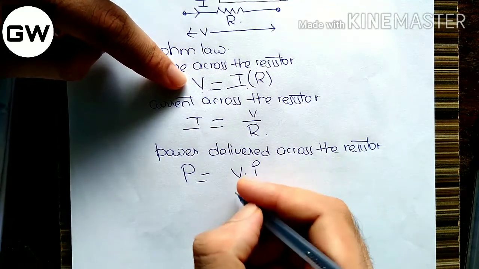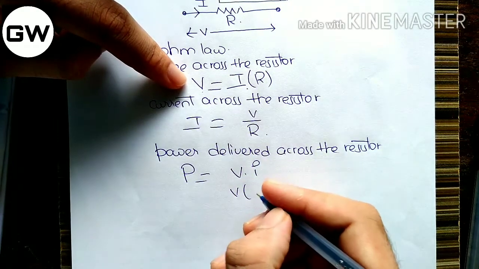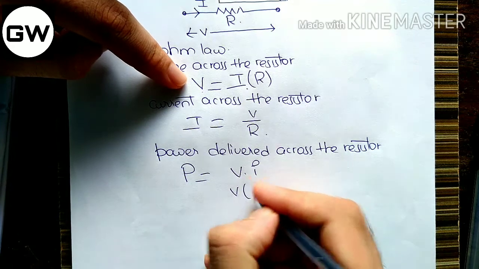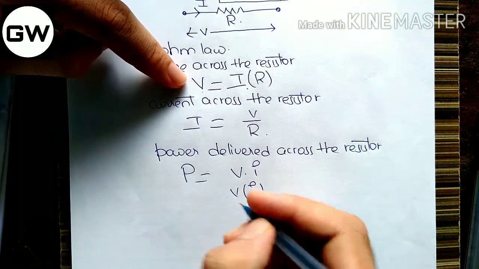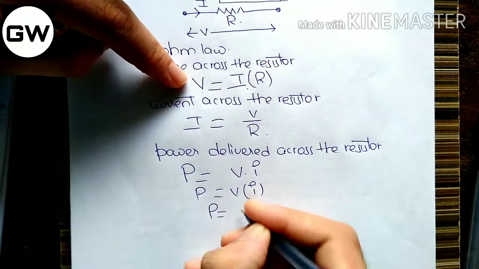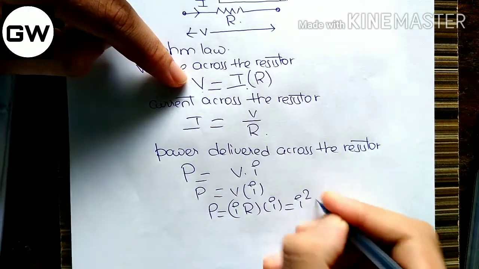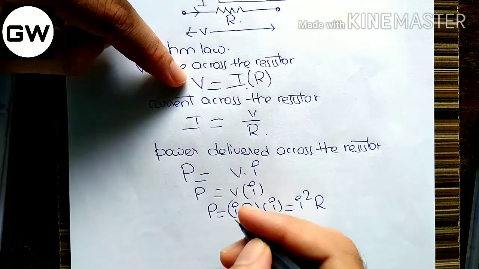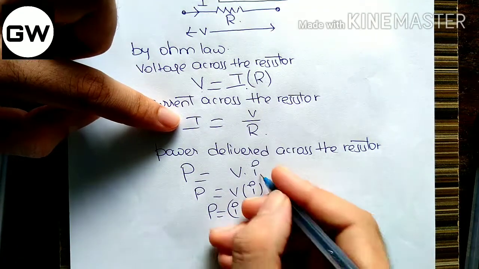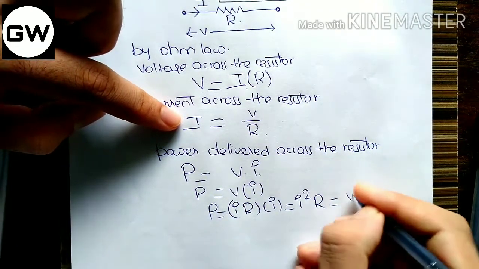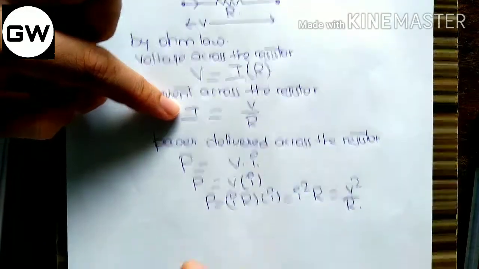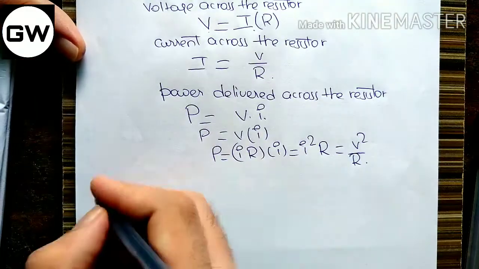I into R, right? By substituting it, P is equal to I into R into I, that is equal to I square into R. Or by substituting the value of current, we get P is equal to V square by R. These are the formulas.